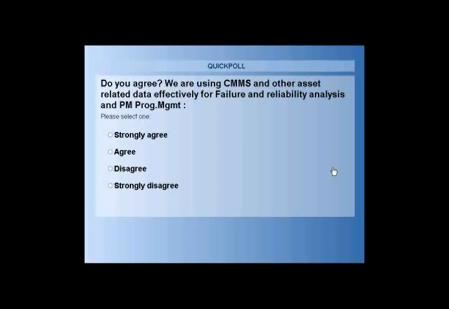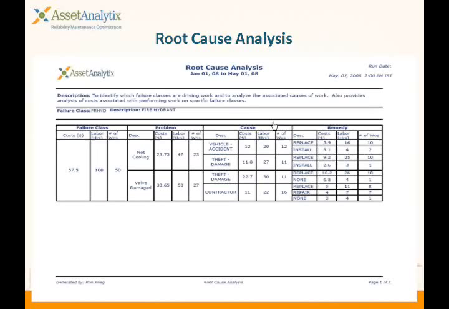Are we done? Yes, and we have interesting results, and I think this fulfills the purpose of this webinar. 0% strongly agree, 44% agree, 48% disagree, and 7% strongly disagree.